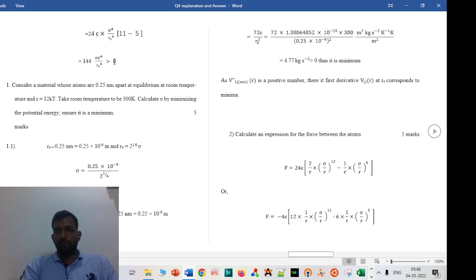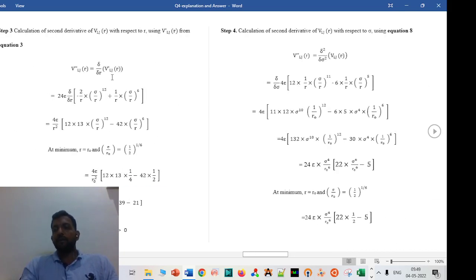This is an assignment which I have solved by myself, so you can definitely use it. I was going through many things on YouTube, and there are explanations for the Lennard-Jones potential, but it is very difficult to find the mathematics part.